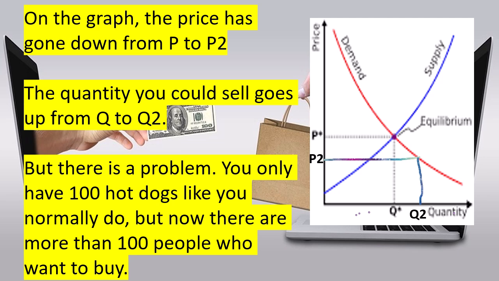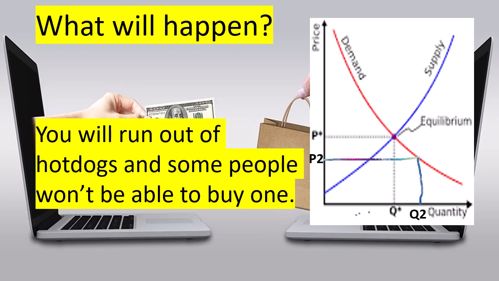On the graph, the price has gone down from P to P2. The quantity you could sell goes up from Q to Q2. But there's a problem. You only have 100 hot dogs, like you normally do. But now there are more than 100 people who want to buy. What will happen? You will run out of hot dogs, and some people won't be able to buy one.